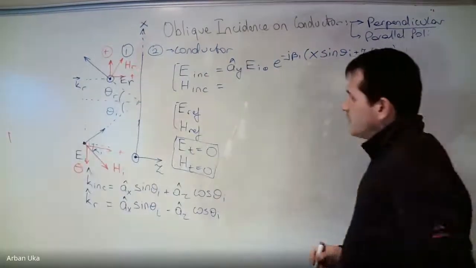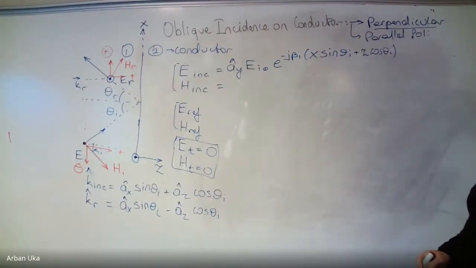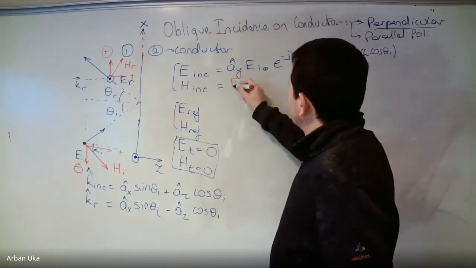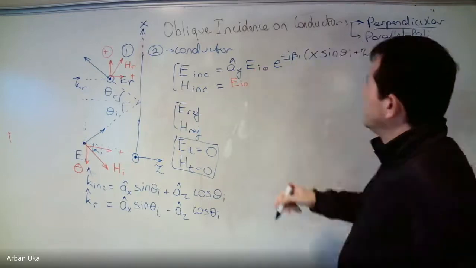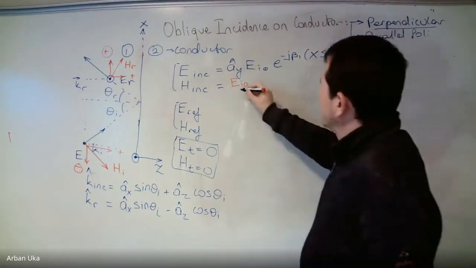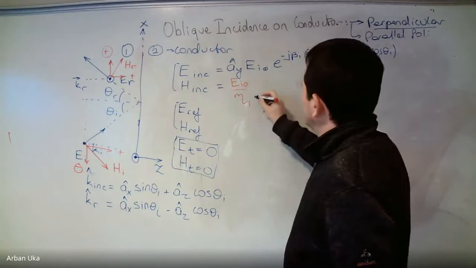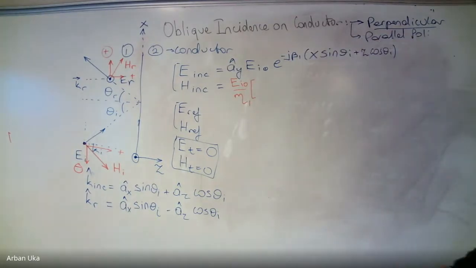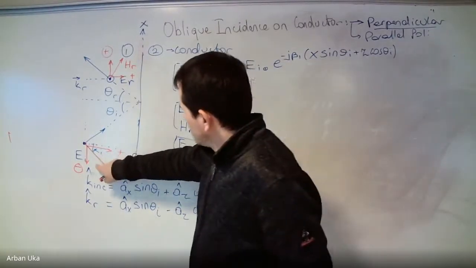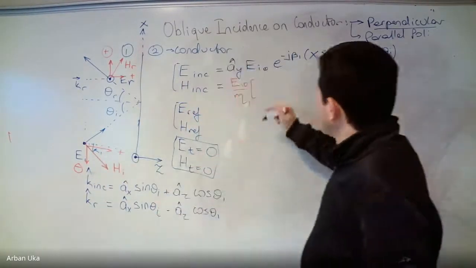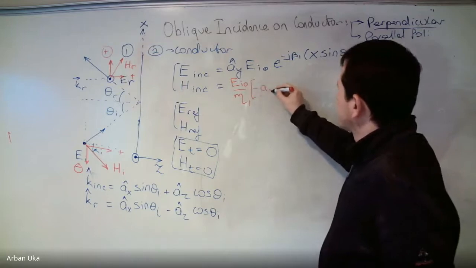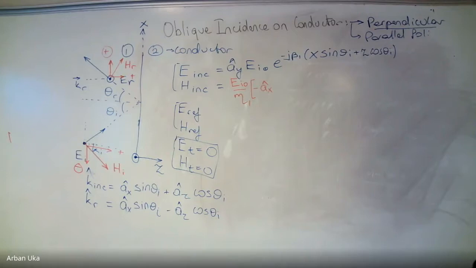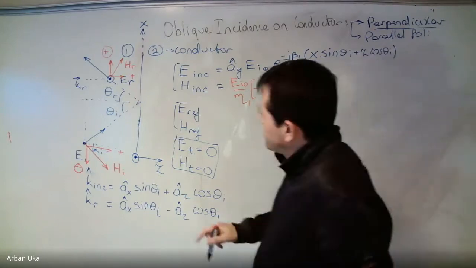Now we come here and say that the incident wave is equal to EI0 divided by eta 1 times the projections. Along the x-axis, here we have minus AX, times, but this is the direction, but how much is this?